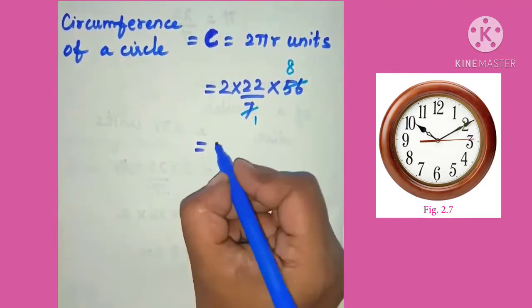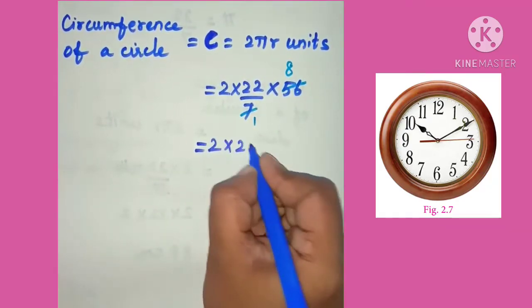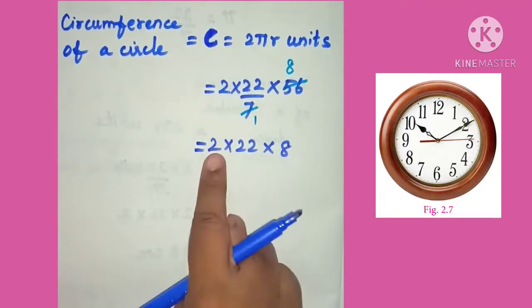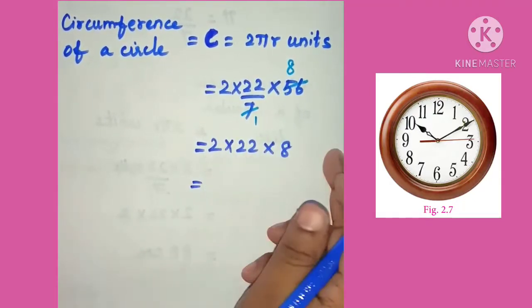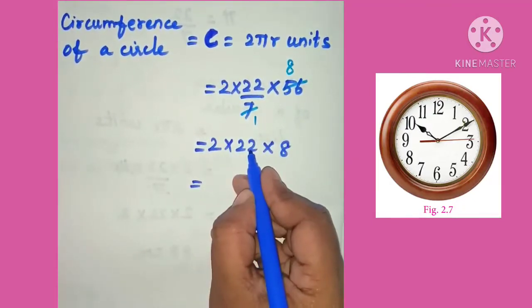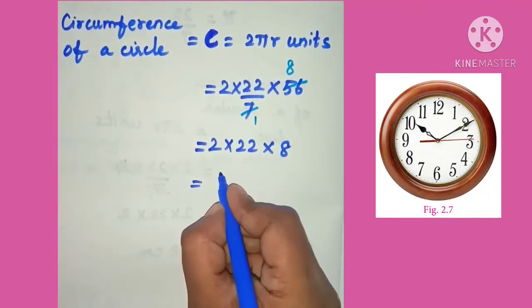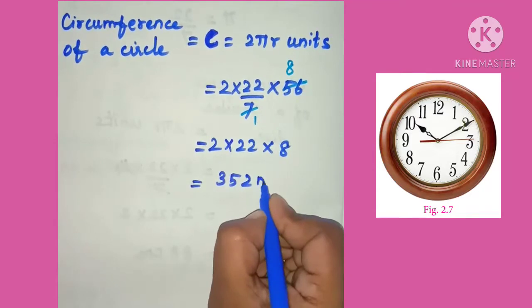So now 2 into 22 into 8. So multiply all these values. So that is 2 into 22 is 44. 44 into 8 is 352 millimeter.